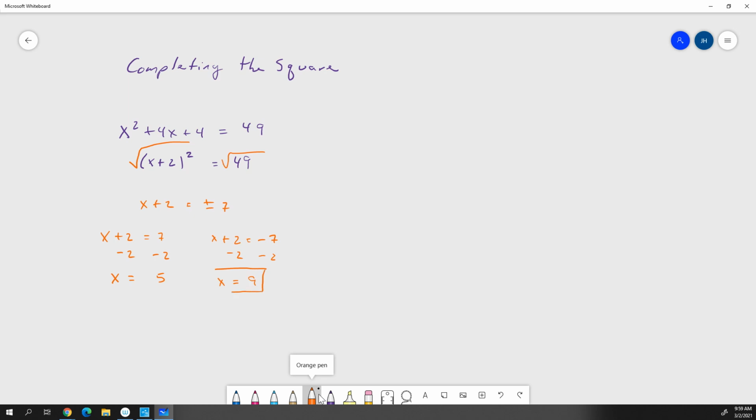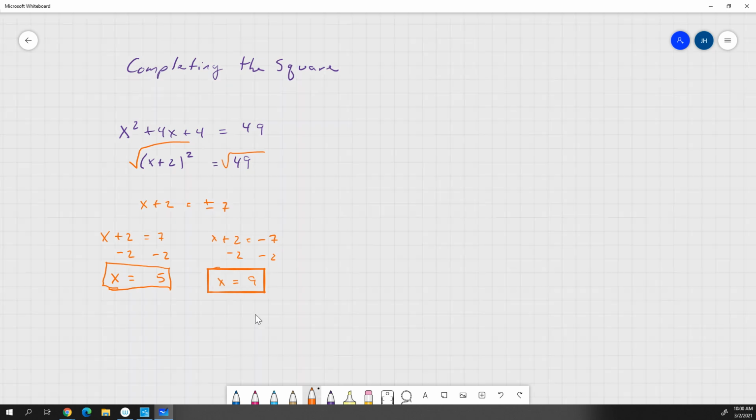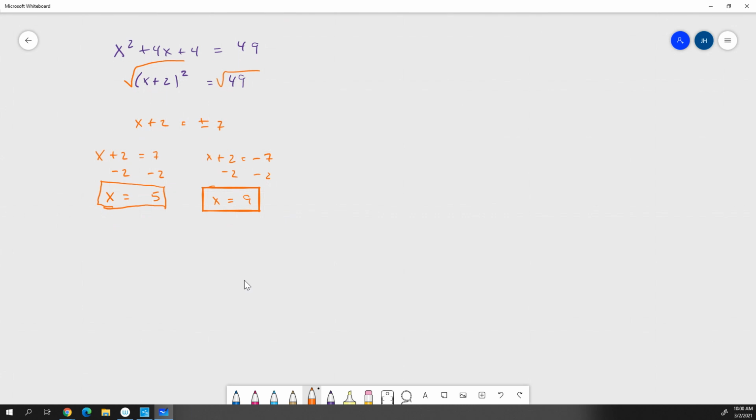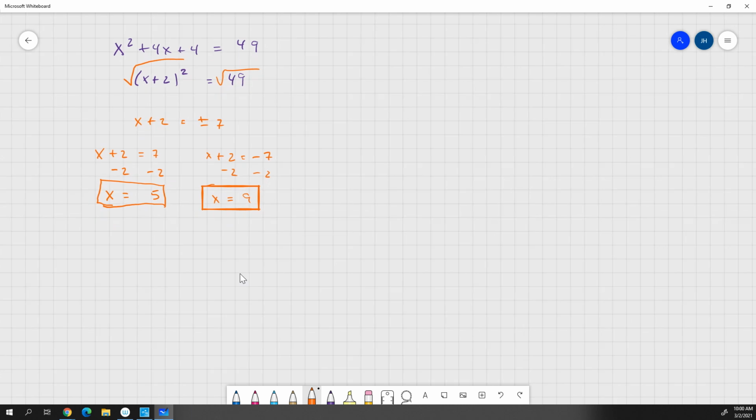So what we're doing is we are going to do what's called completing the square. And all it really is, we are taking whatever trinomial we're given and we're going to create these perfect square trinomials so that we can do this, right? And there are steps that we're going to take in order to make that happen.